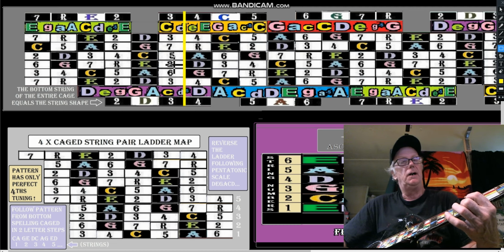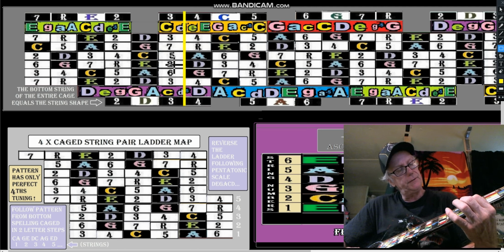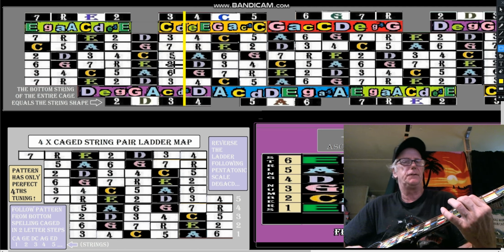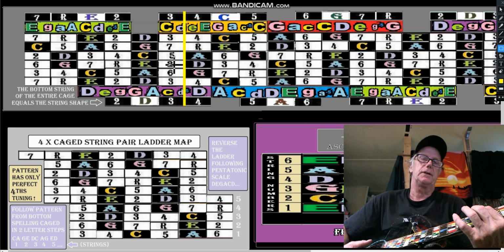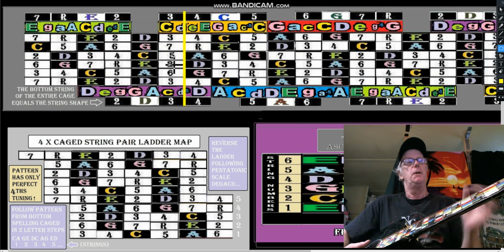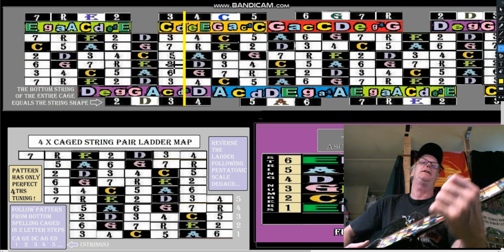The 5th of G is D, the 5th of D is the A string, the 5th of A string is the E string. So it works in strings, but it's going up in fourths and down in fifths.